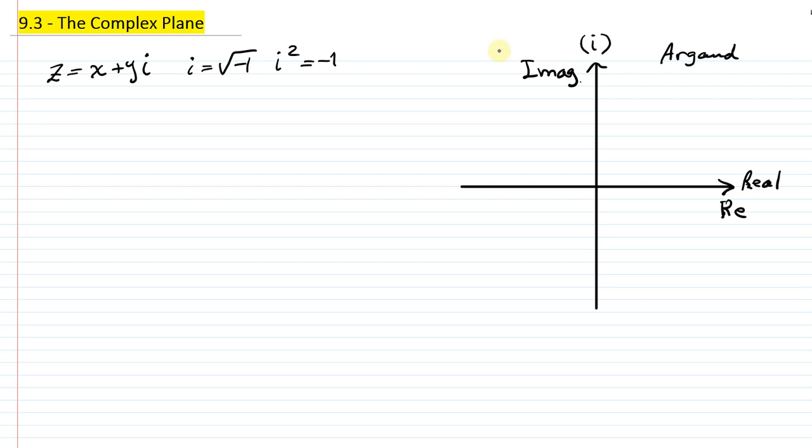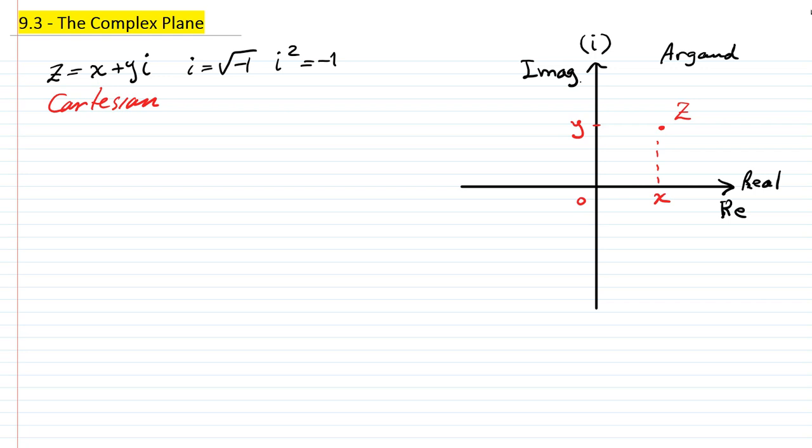Okay, now in this work, let's say here's the complex number, call it z. The horizontal component, the real part of it, is x, and the imaginary part of it is y. Okay, and again, we're looking at what we call the Cartesian form of the complex numbers.